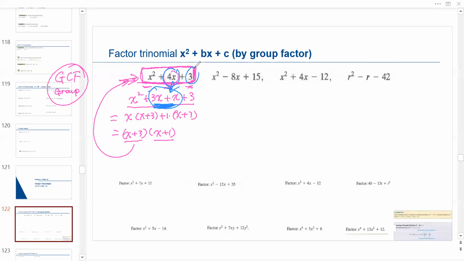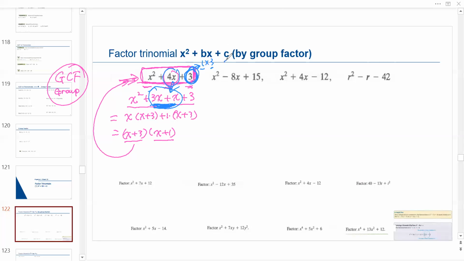You can see this 3 can be factored into 1 times 3. So that's 1 here and 3 here. That's where it comes from: you can break it down into 1x plus 3x, which actually gives 4x. So this 3x plus 1x actually comes from this c.